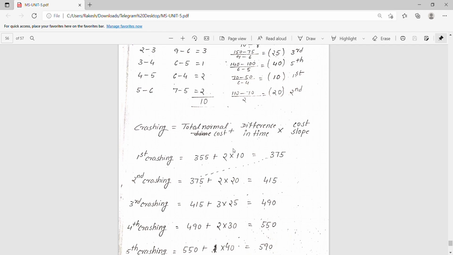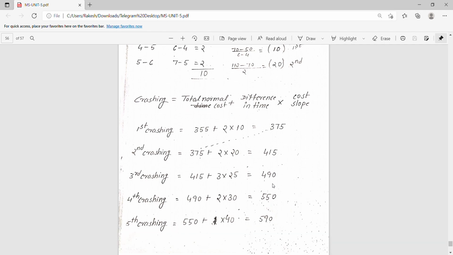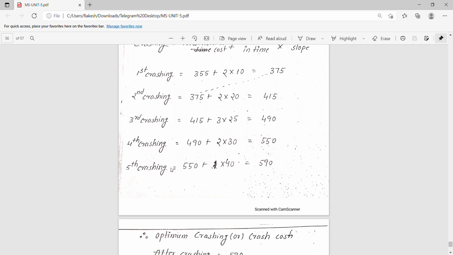So 2 into cost slope 10, if we calculate it we get 375. Coming to the second crashing, this 375 is going to be the normal cost, so we calculate 375 plus, as the second is going to crash, its difference is 2 into the next slope cost, 20, which is 415. In this way you can calculate the crashing costs.